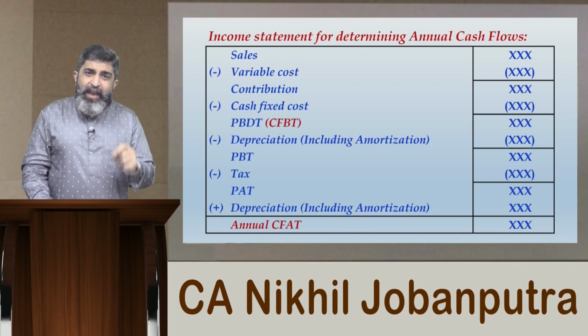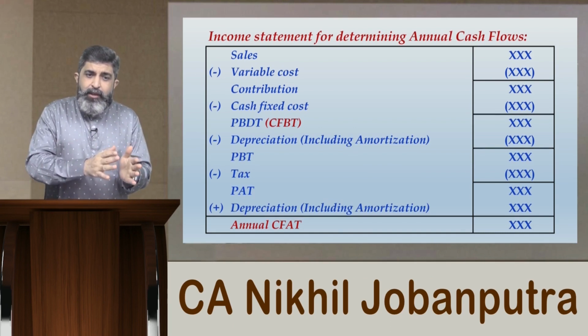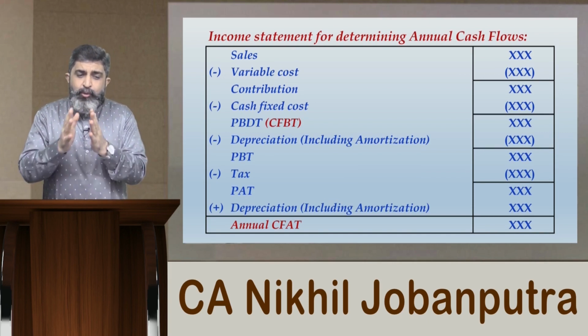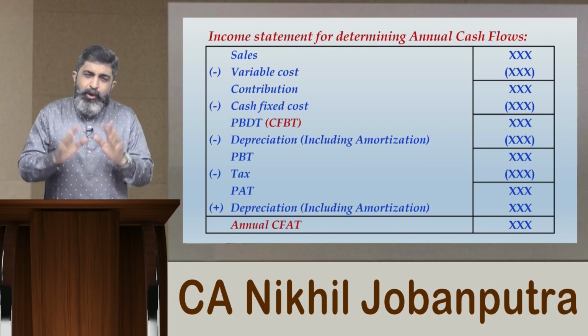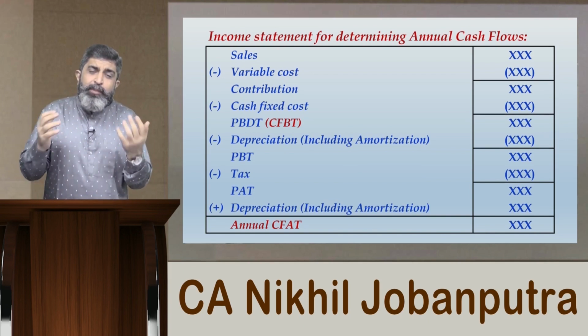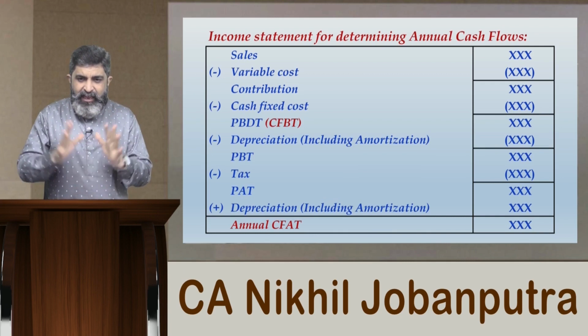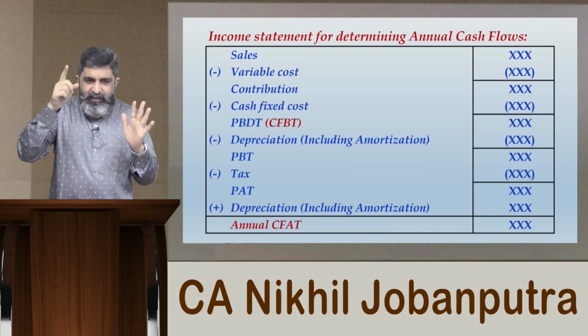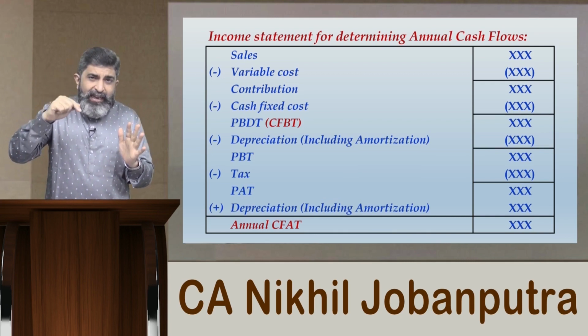And as I told you, every year if I am making sale of 1,000 such units, 1,000 multiplied by contribution per unit of 2,000, the total amount of contribution that arises in my business will be rupees 20 lakhs. Can we agree? Rupees 20 lakhs.